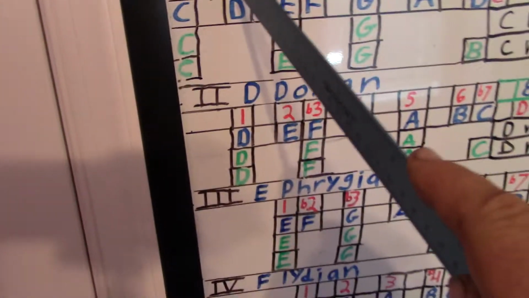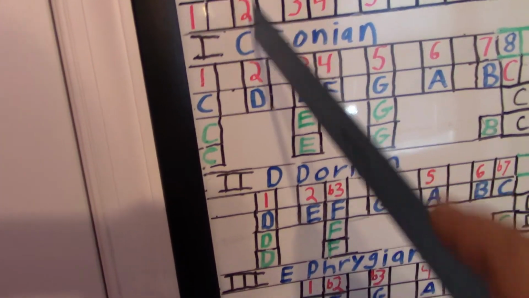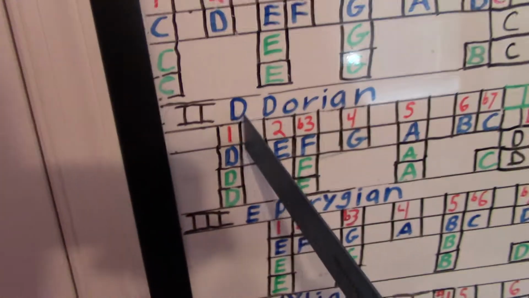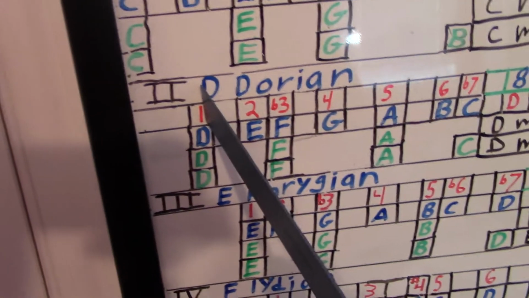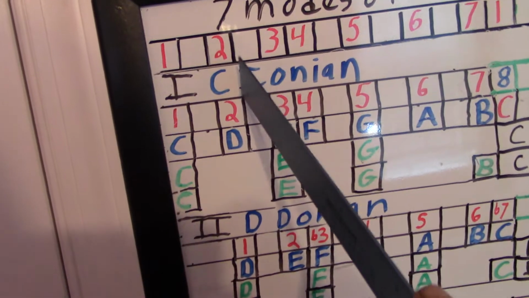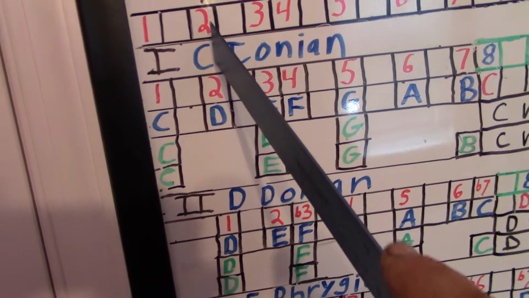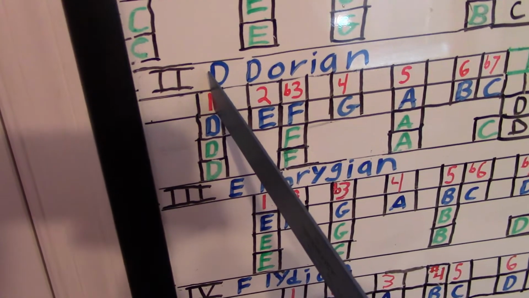Now, mode 2, Roman numeral 2, is D Dorian. See how this kind of follows in up here? That's how the mode structure works. So if you have the second interval of the major scale here, you trace it right down, D, and come up with D Dorian.